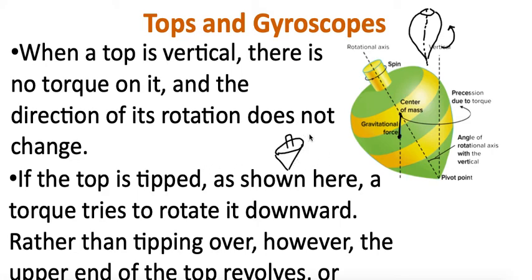But what's interesting here is that the center of mass is still rotating around a central axis. So it maintains that axis right about that point. There's that point of rotation, but that is the precession of the top.